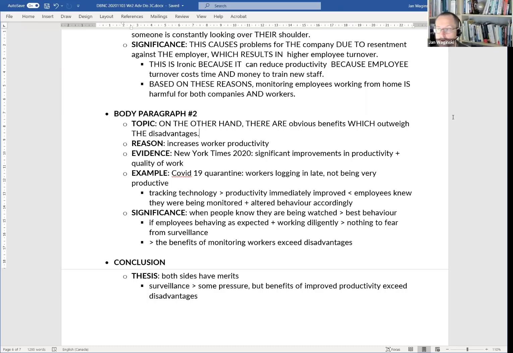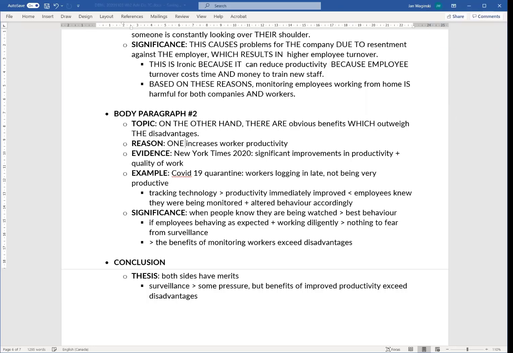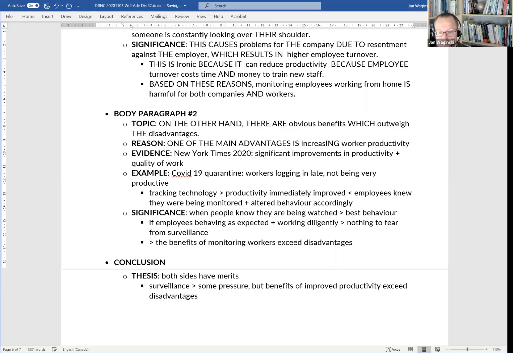Okay, go ahead, Zuby. One of the main advantages is to increase productivity. Good. We're going to say what is increasing worker productivity? Yes.